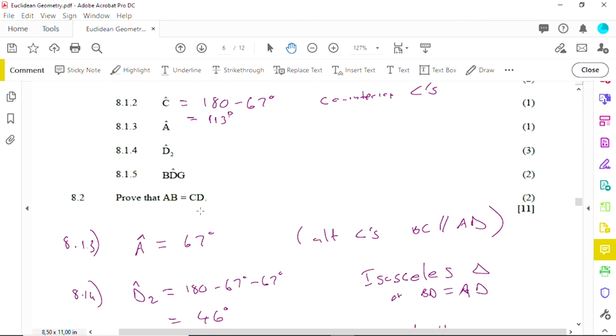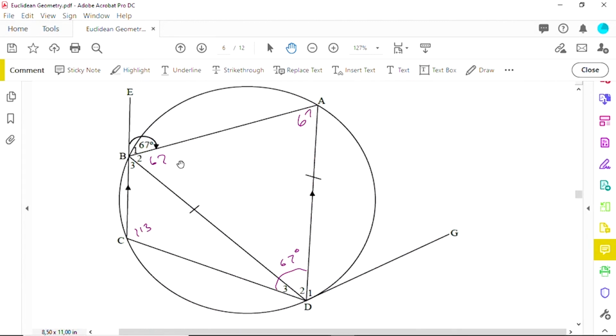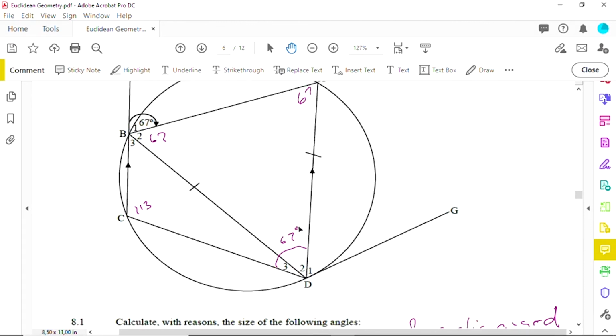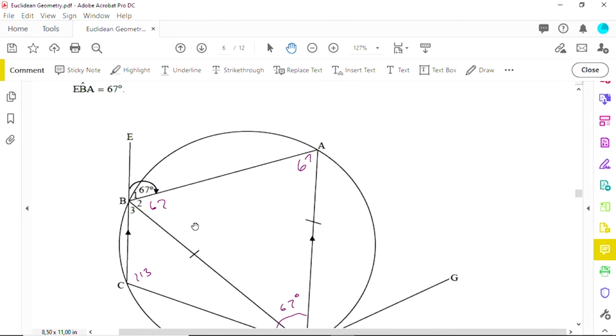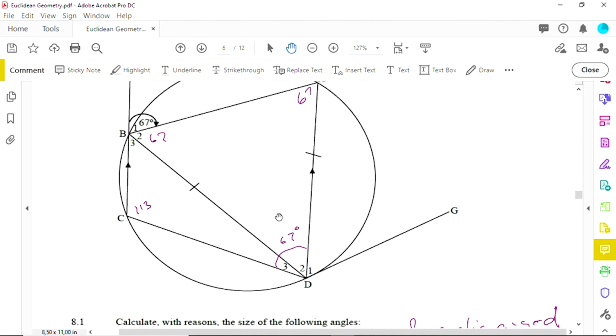Now we want to prove that AB is equal to CD. Where is AB? AB and CD. We want to prove that these two are the same. We said this angle was 46.